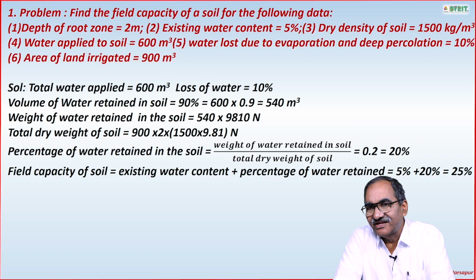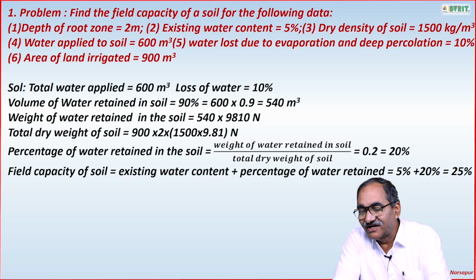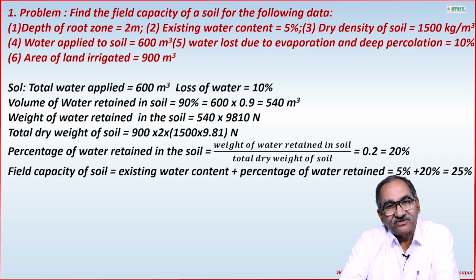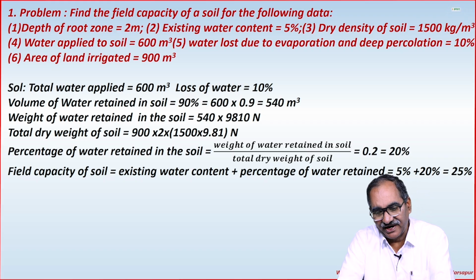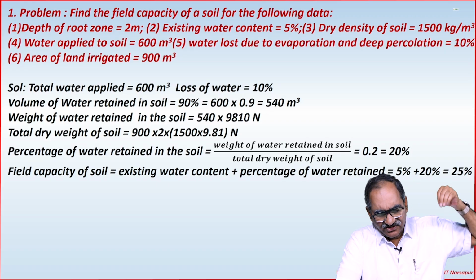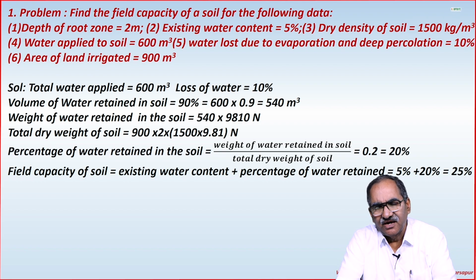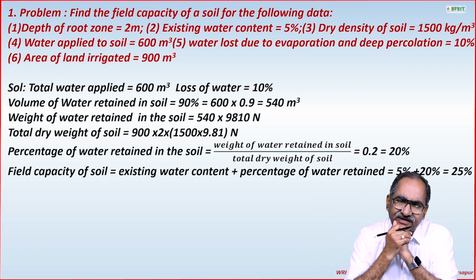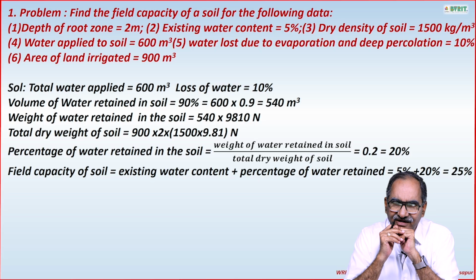And the dry density of the soil is 1500 kg per meter cube, and 600 meter cube of water is applied, that is the volume of water supplied, and there is 10% of losses mainly due to evaporation and deep percolation, and the area is 900 meter square. So this is the data.